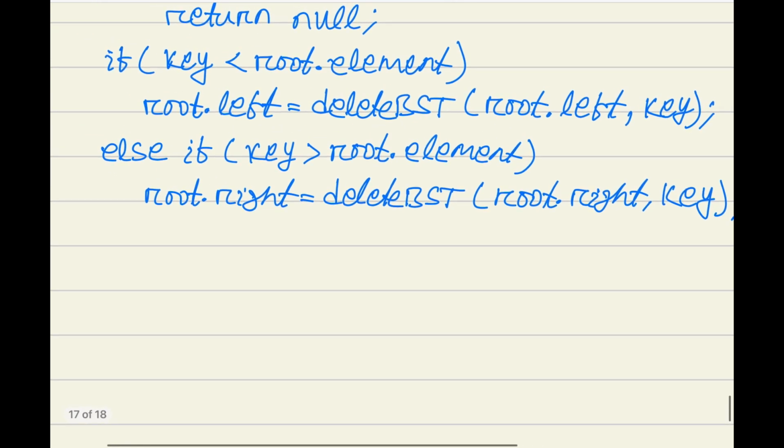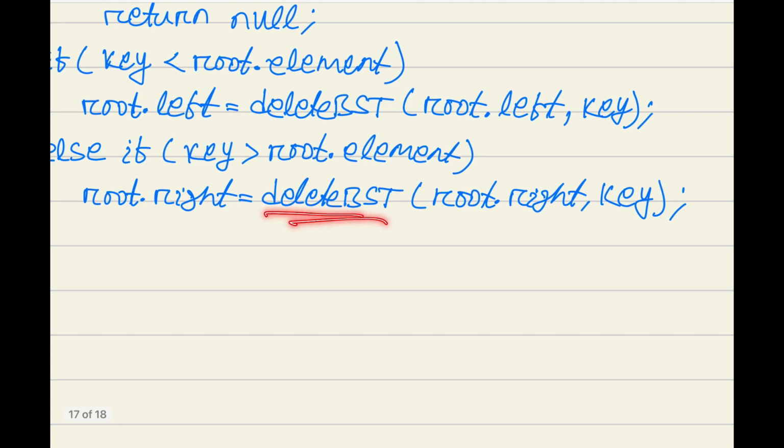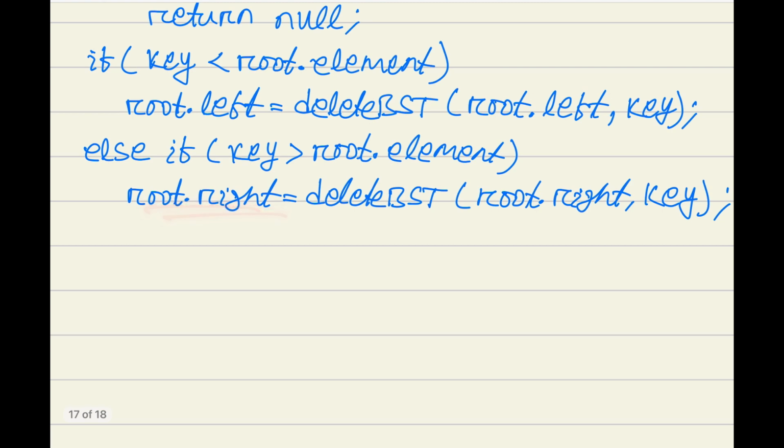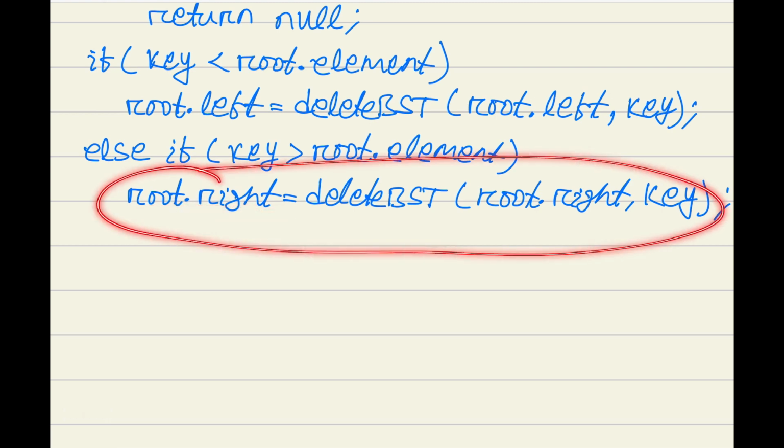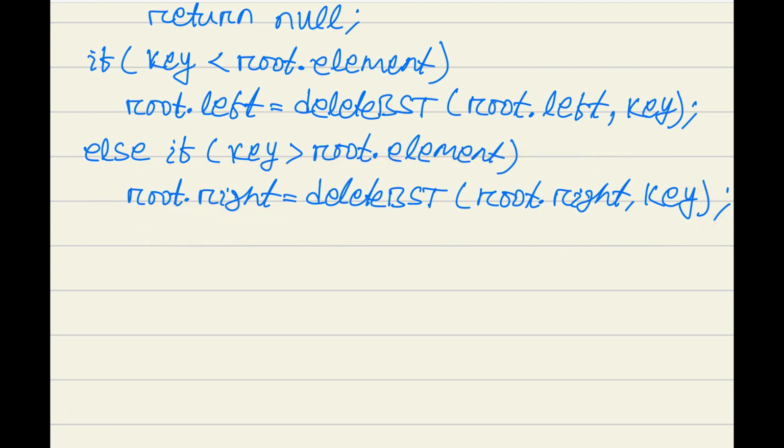So if the key value is greater than the root dot element, then we are going to recursively call the delete BST method on the right subtree and update the right subtree like this. So this is the statement for that.